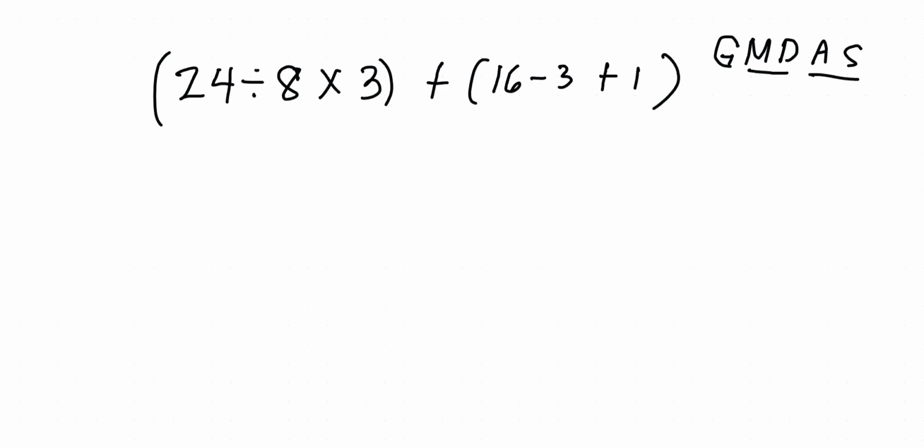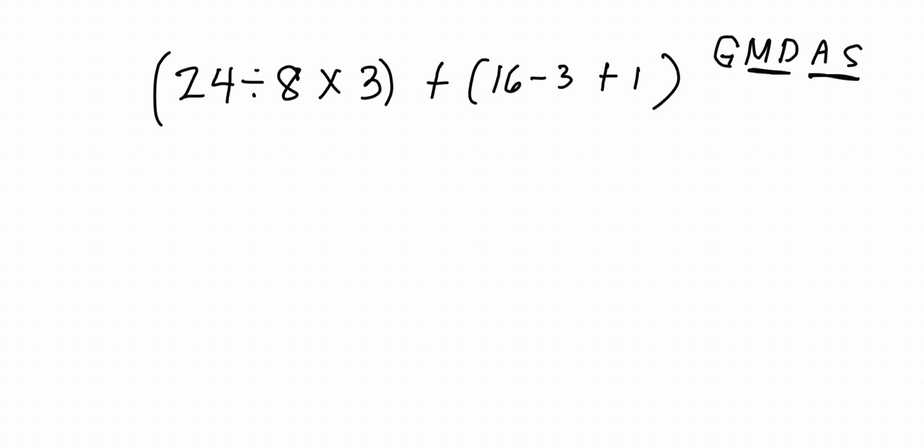Whether they are in the groupings or inside the parentheses, you have to solve first the multiplication and division before the addition and subtraction. If they are both in the series of operations without the groupings, you have to follow the operation that comes first, whether division comes first or multiplication comes first.